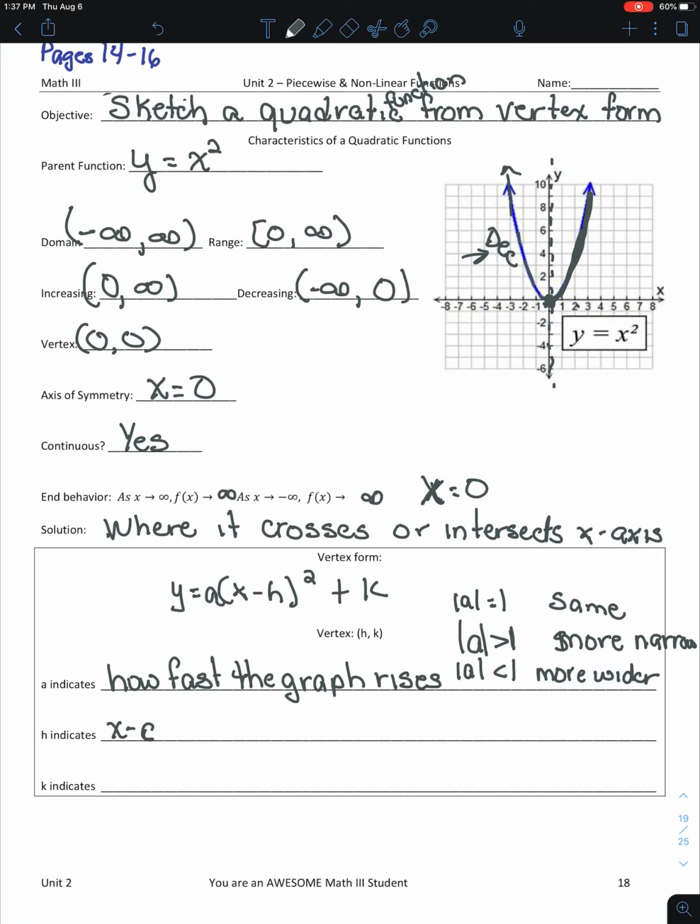H represents the x-coordinate of the vertex. If we have minus h, it's a move right. Plus h is a move left. So h indicates our horizontal shift.